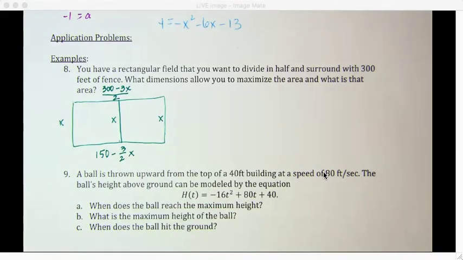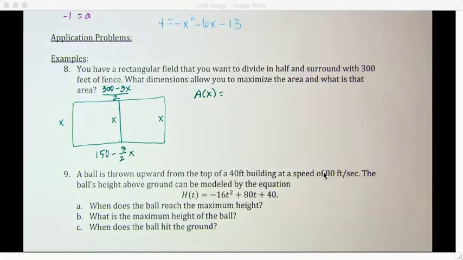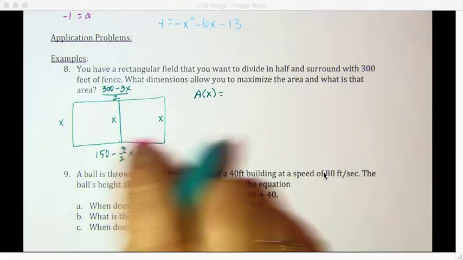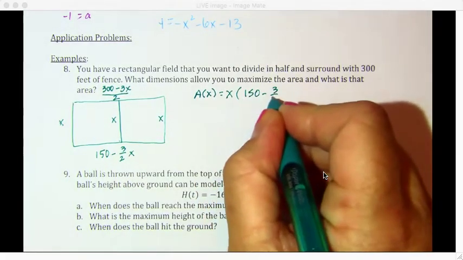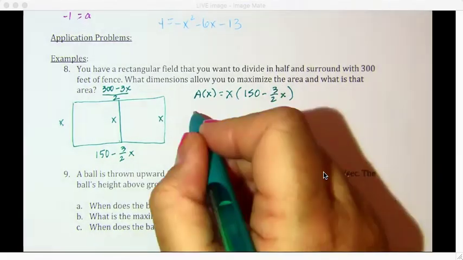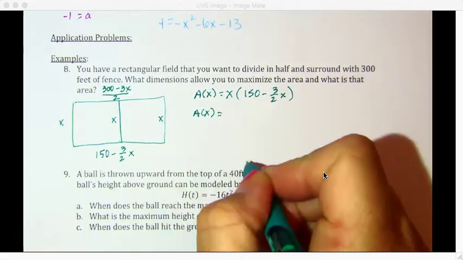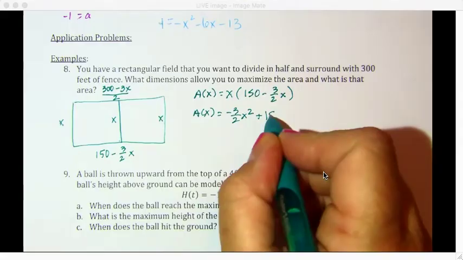And if we want to maximize the area, I need to write a function for the area, and that would be the length times the width. So x times 150 minus 3 over 2x. I can distribute that x now, and I have A of x is equal to negative 3 over 2x squared plus 150x.